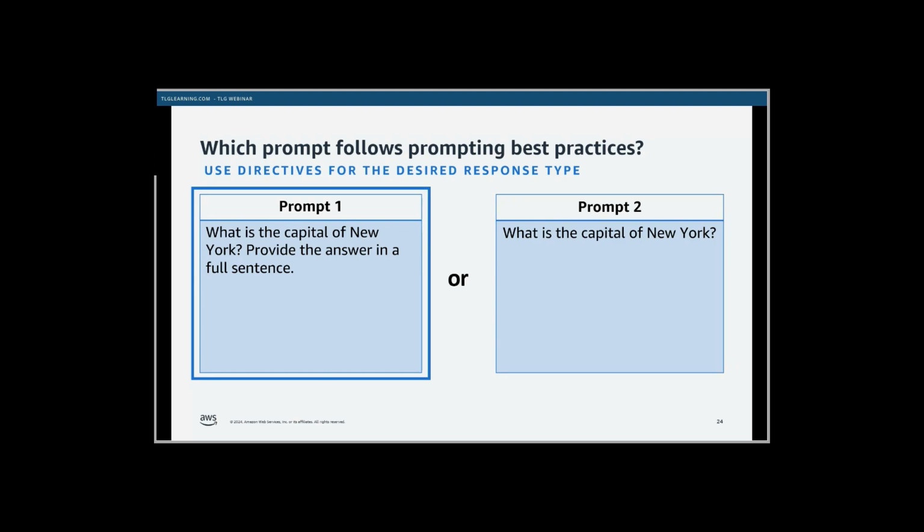The desired output here would be, I wish to have my answer in a full sentence. Provide a full sentence, not just the single name of the city, the capital of New York. So prompt two leaves that open to what type of output. It won't necessarily be in a full sentence.